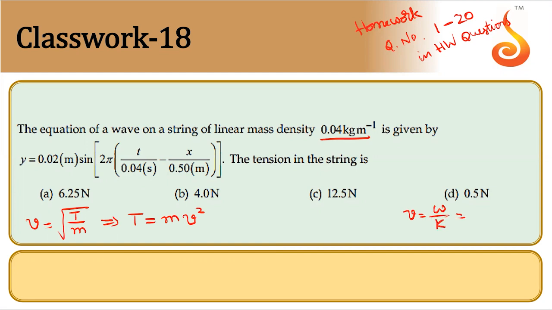So in this problem, omega is 2 pi by 0.04. k is 2 pi by 0.5. So you'll get the value of v. 2 pi gets cancelled, 0.5 divided by 0.04. That will be 50 by 4, 12.5.